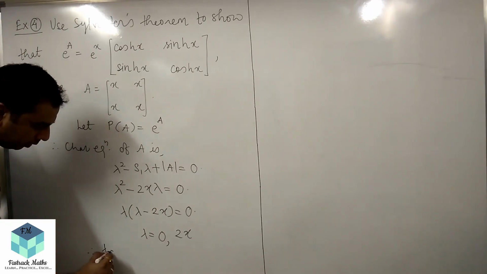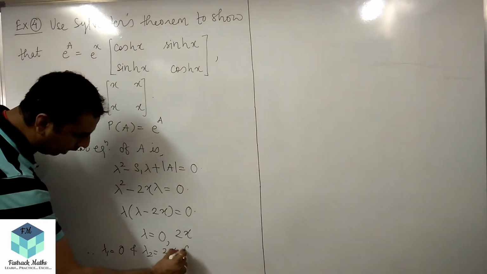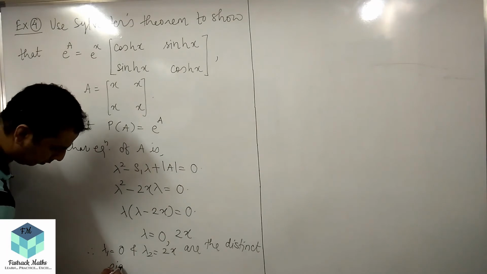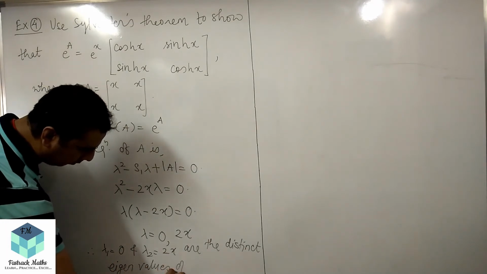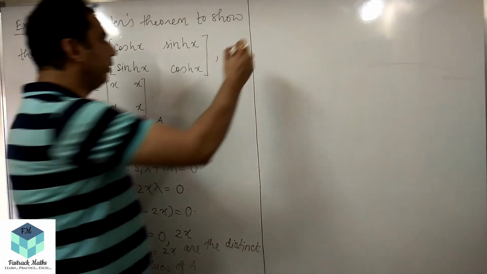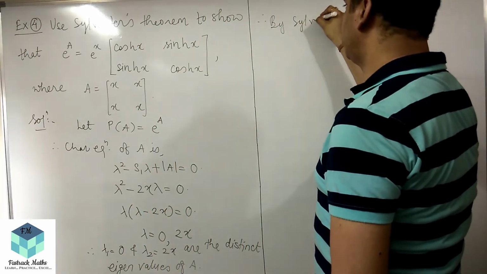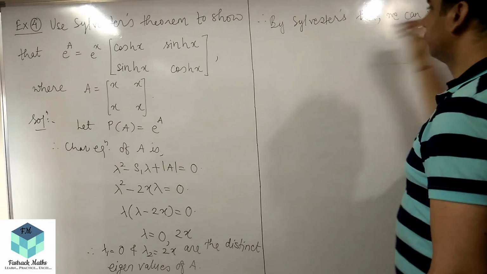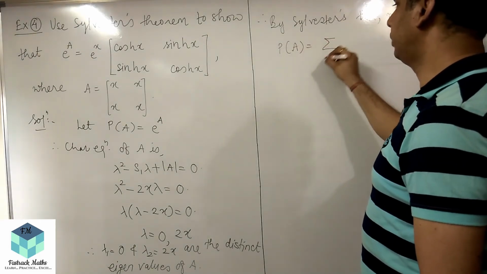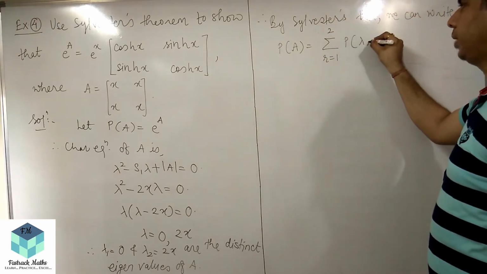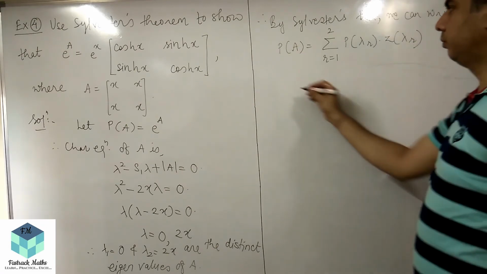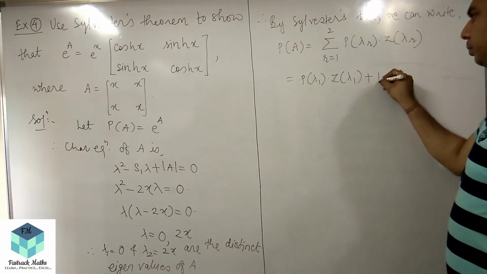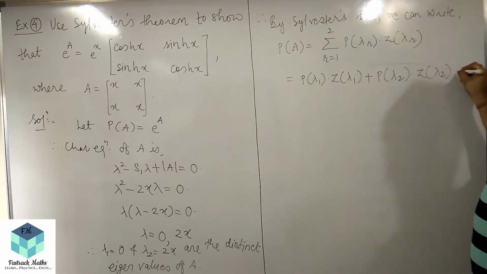So therefore lambda 1 is equal to 0 and lambda 2 is equal to 2x are the distinct eigenvalues of matrix A, and therefore by Sylvester's theorem we can write P of A is equal to summation r is equal to 1 to 2 of P of lambda r into Z of lambda r, which is nothing but P of lambda 1 into Z of lambda 1 plus P of lambda 2 into Z of lambda 2.